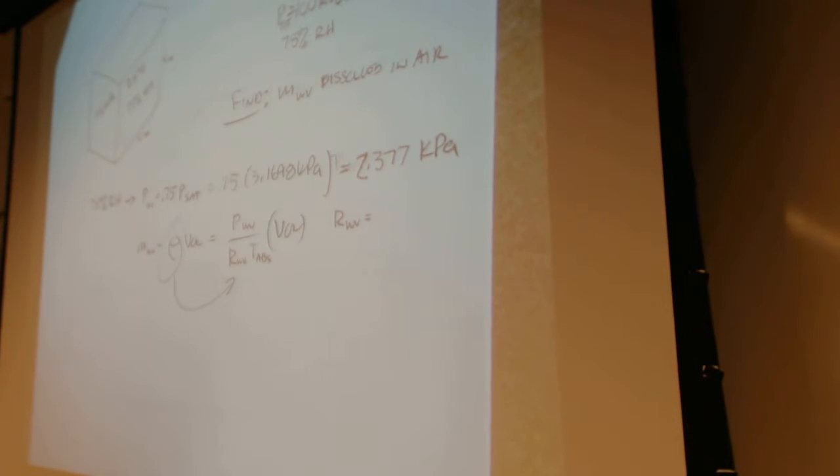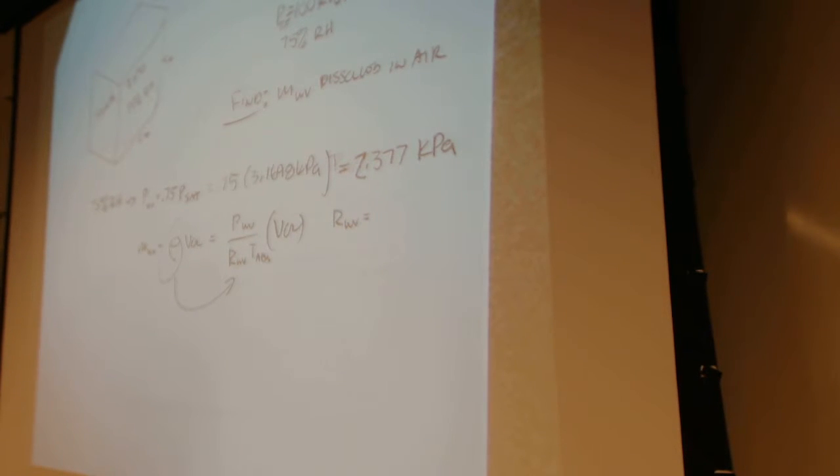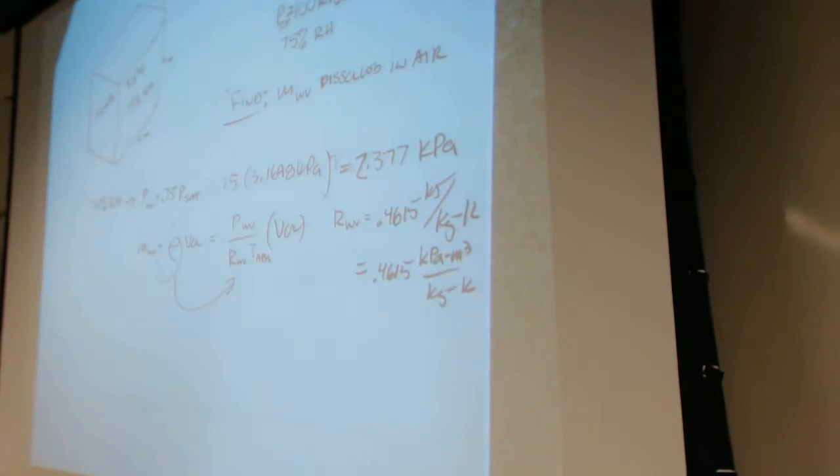So that's all that term times volume, and the R, I'm just looking up here, the gas constant for steam is 0.4615 kilojoules per kilogram Kelvin. I'm going to pull my trick and say that's 0.4615 kilopascals meter cubed per kilogram Kelvin.